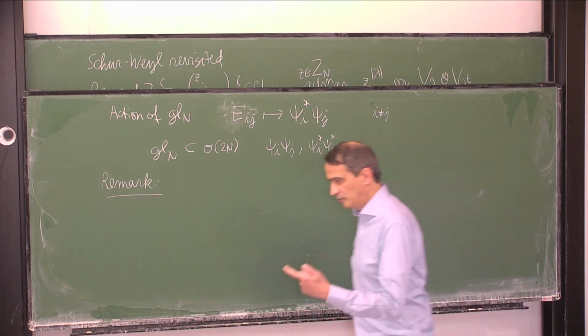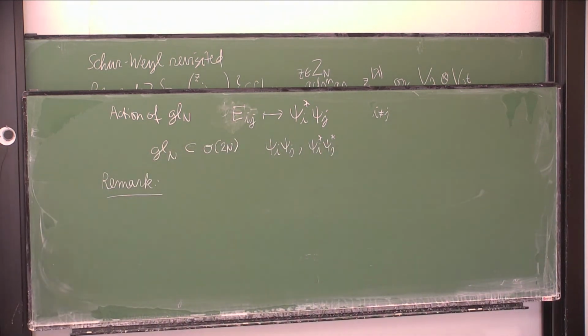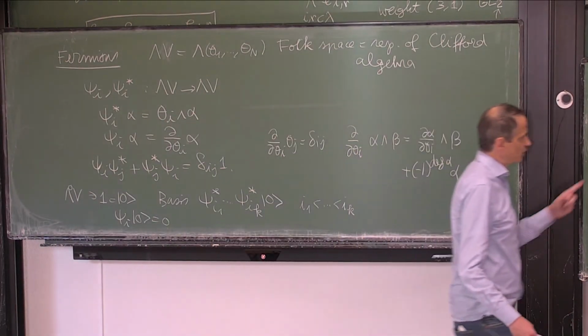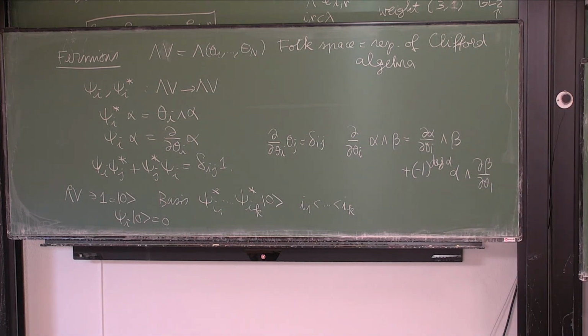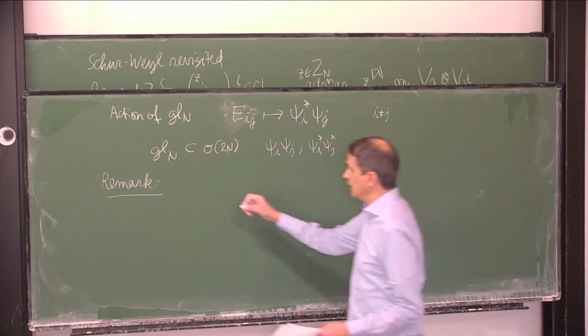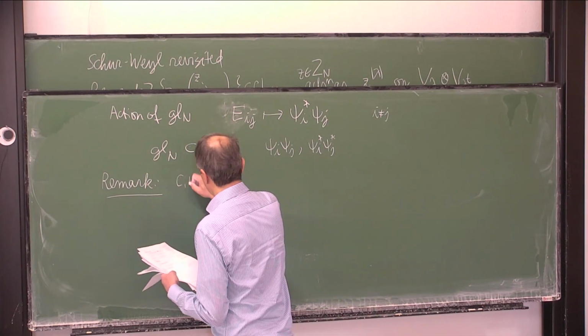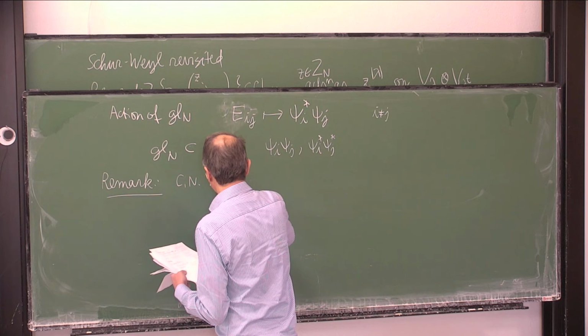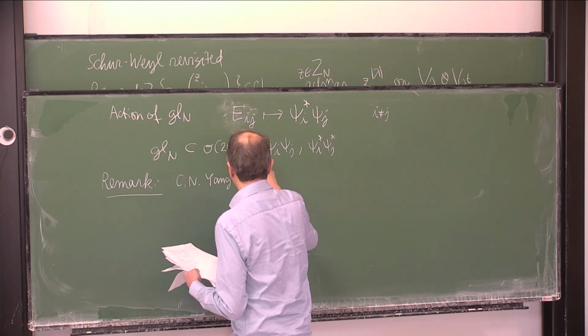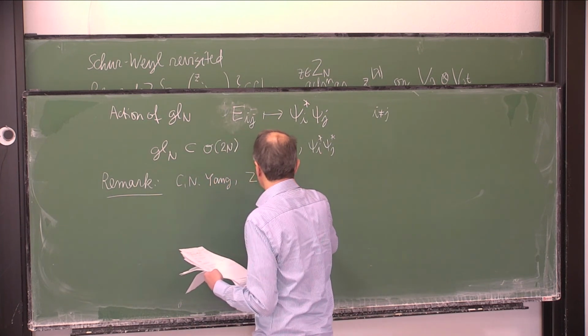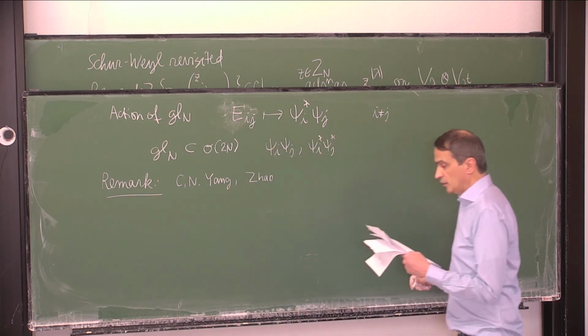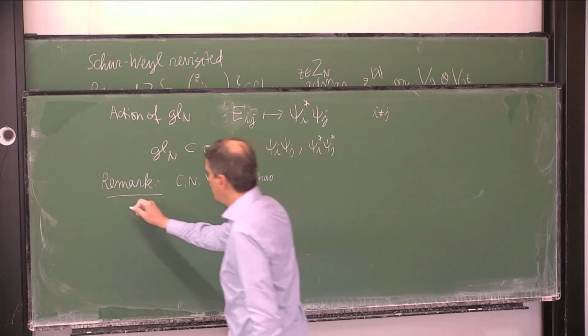In my process of finding all the places where this was discovered, before finding the paper of Howe, I found the paper of Yang and another author, probably Zhang, in the 70s, where they considered the Hubbard model.